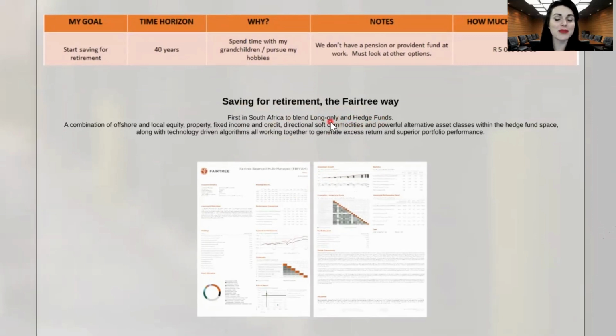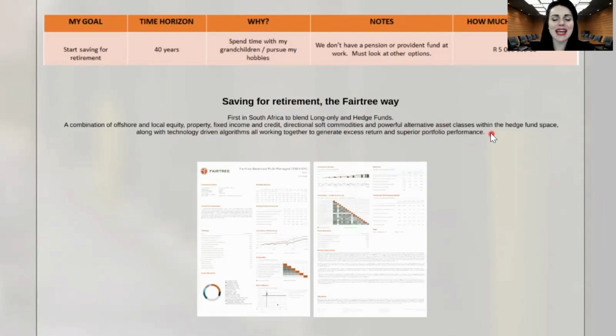As I've mentioned previously in the session, we were actually the first in South Africa to do this, and this combination, as you can read here, will really generate excess return and superior portfolio performance because it is a combination not only when it comes to equity, property or fixed income and credit, but we also have directional soft commodities and alternative asset classes here, and then also technology driven algorithms, so all working together to make sure that we provide the best possible return for you as an investor.